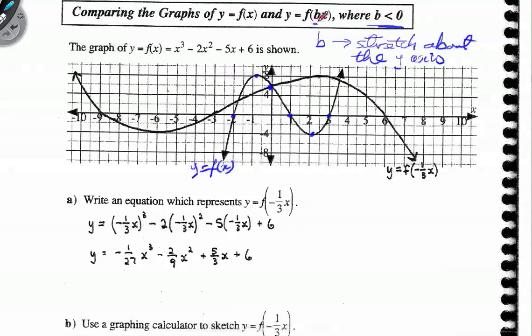What will b do? If it's multiplying the x itself, we're saying it's a horizontal stretch because it's affecting the x values. So a horizontal stretch about the y-axis. So if b is less than 0, now here it's negative a third. It's not the fact that it's a third, it's the fact that it's negative that makes b less than 0, obviously. But we're using a third.